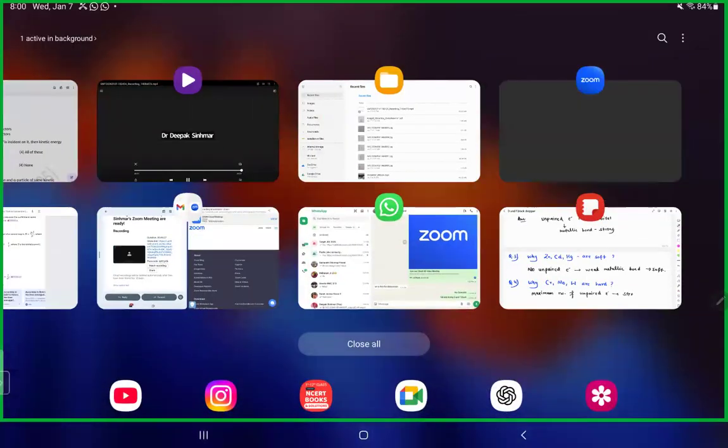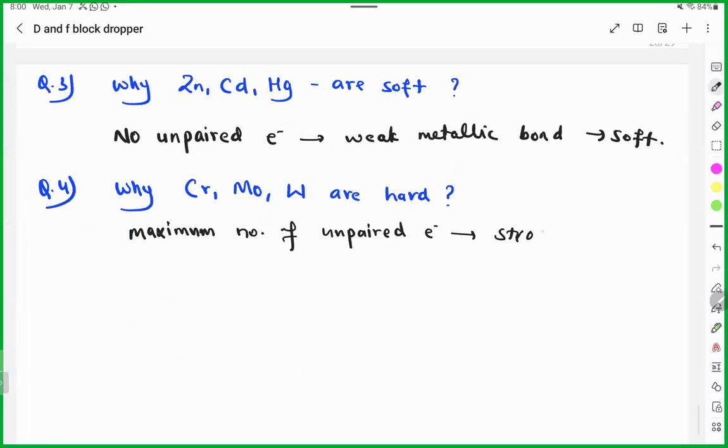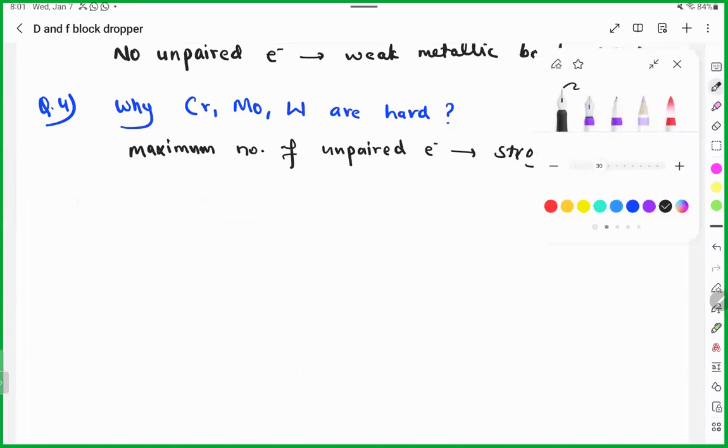Guys, am I audible? Yes, sir. So maximum number of unpaired electron. So strong metallic bond. Okay. So when we talk about the melting point, boiling point, and if you see graph, then graph will be weird.